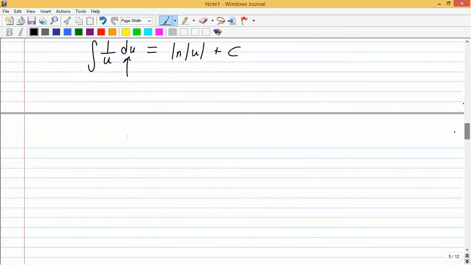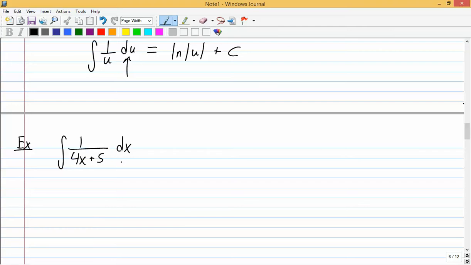So for example, let's say that I had the integral of 1 over 4x plus 5 dx. Alright, so whenever I first see this, in my mind, if I see a fraction, my first thought is, is this a natural log integral?